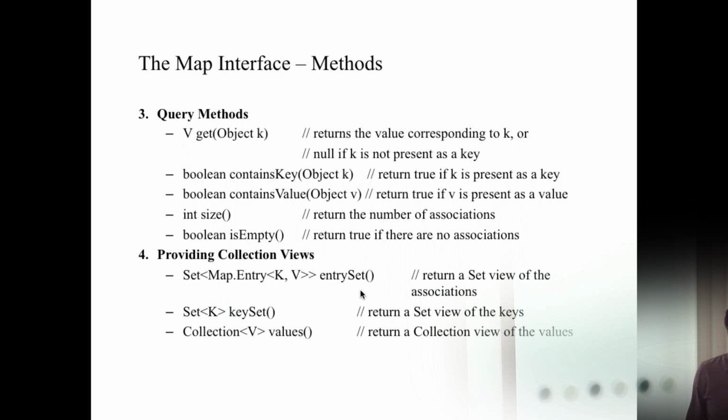Another important difference between map and the other interfaces that we have seen is that the map is not a subtype of collection, which means that it doesn't implement the Iterable interface.